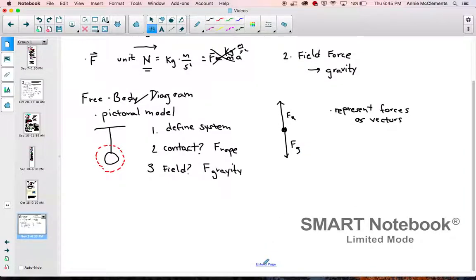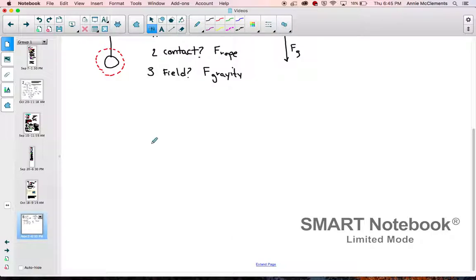I want you to go ahead and try for a second to draw free body diagrams for these two scenarios. Number one is a flower pot falling from a window. And number two is, let's say, your textbook on the table, on your desk.